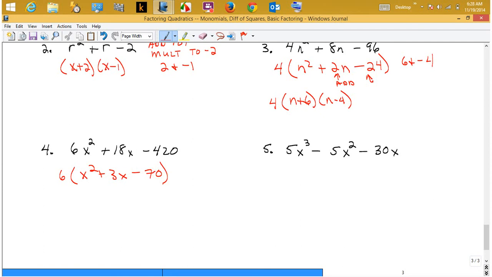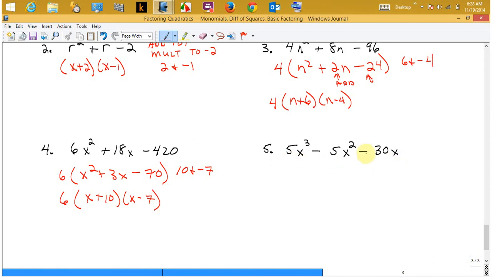So now I'm looking for two numbers that add to 3 and multiply to a negative 70. Well, how about 10 and a negative 7? That would multiply to negative 70 and add to 3, so 6 times x plus 10, x minus 7.